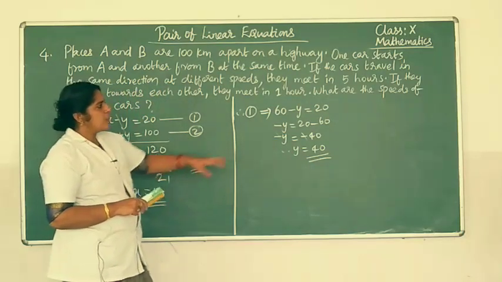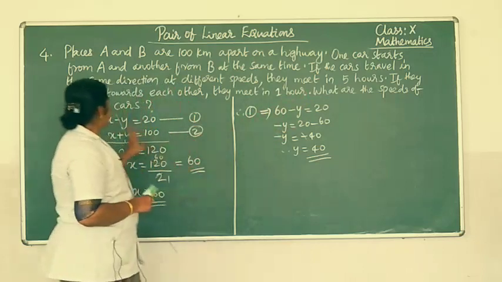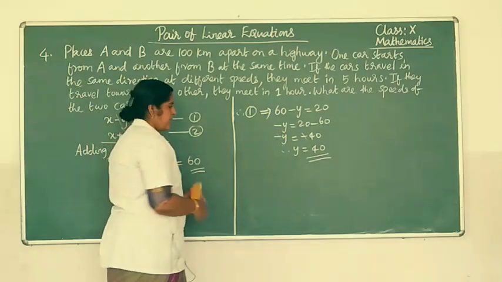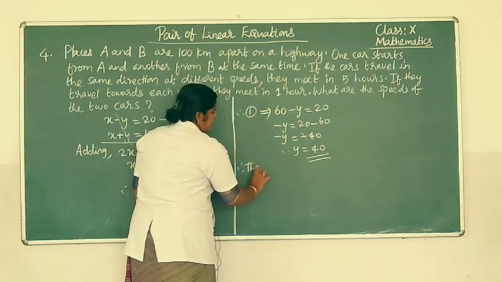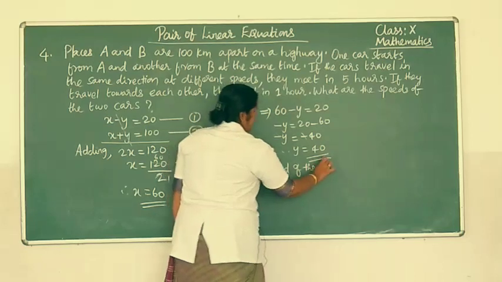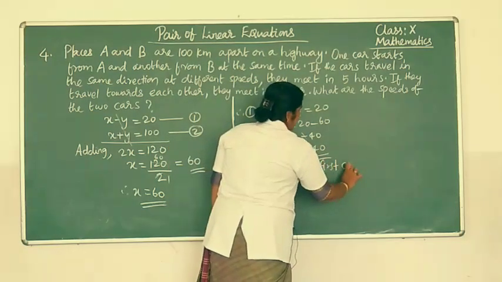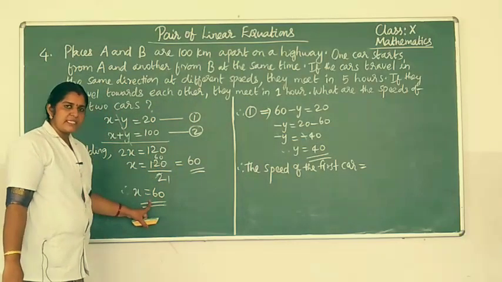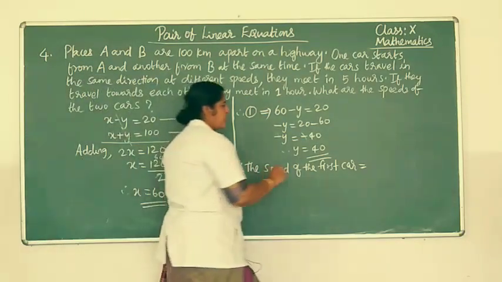Now what is the required question? What are the speeds of the two cars? So write the final answer. Therefore the speed of the first car, x, is 60 kilometer per hour. Write the unit also.